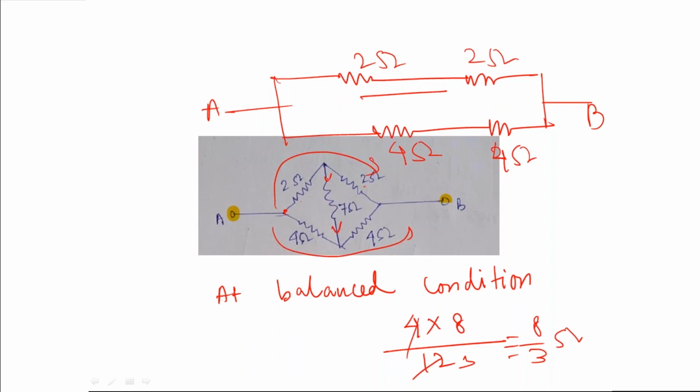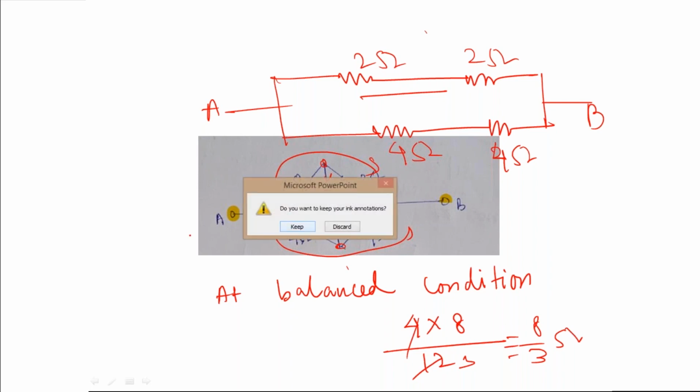If it is in balance condition, then no current is flowing from this point to this point. In the middle branch there will be no current. That is the fundamental knowledge you should be remembering here. So that is the answer for this.